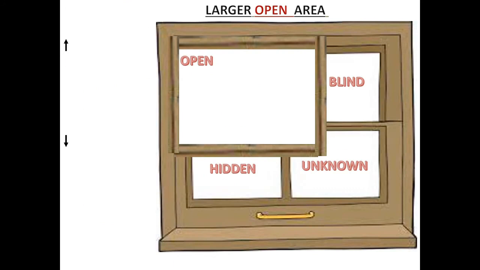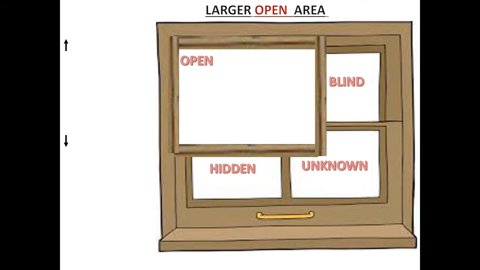Let us try to know the importance of the Johari window with respect to self-awareness of nurses. It is said that the Johari window works by helping us, nurses, to know the differences between how we see ourselves and how others see us. That means we can evaluate ourselves.